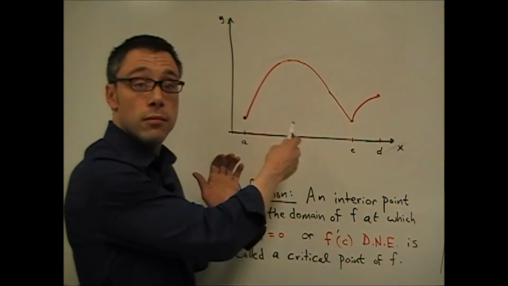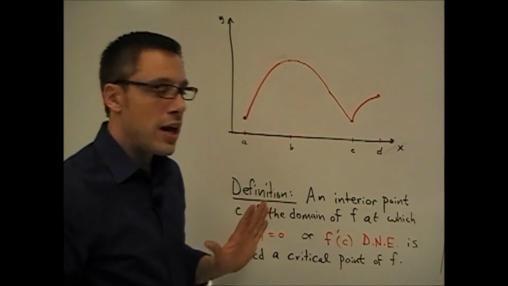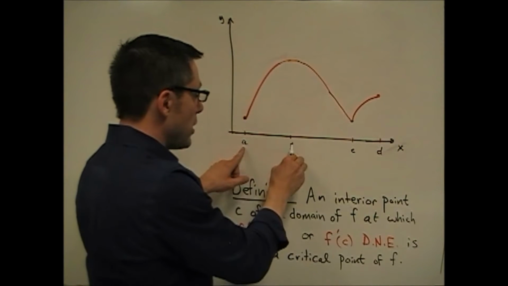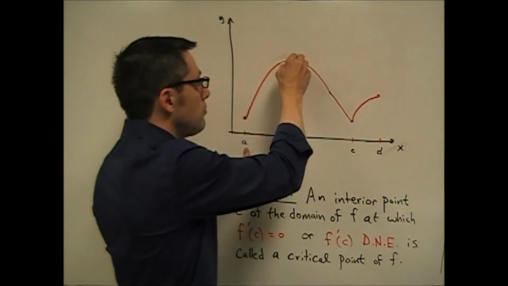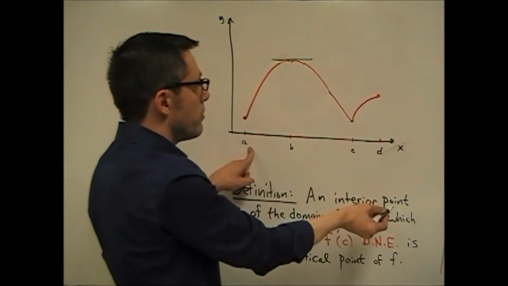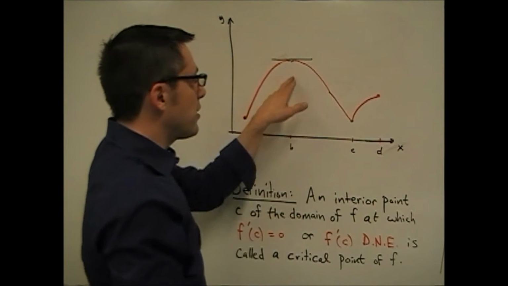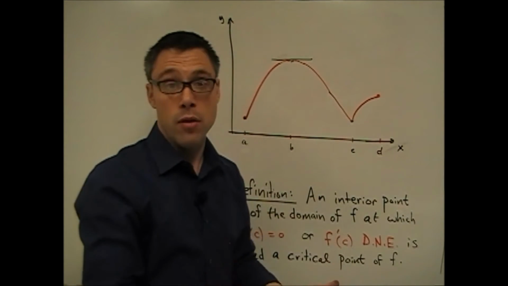Well, notice I've got a picture of a function drawn here. Clearly this function, without any doubt, is increasing between point A and point B, right? The function's going up as we increase in x. But at this one point, at point B, it transitions from going up to going back down. We see that the tangent line is 0 at that point. That means the derivative is 0 there.